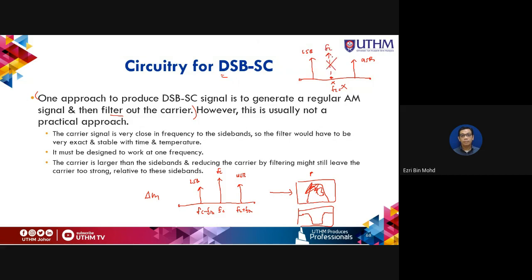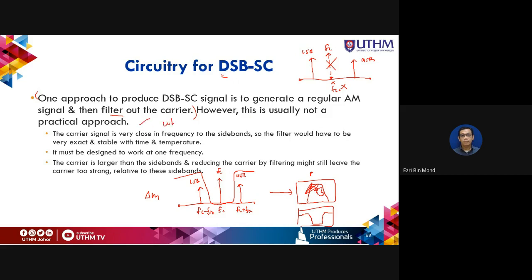So we use a band stop filter with this specification, where we only allow the lower sideband and upper sideband to pass through and eliminate or suppress the carrier element. This is the theoretical procedure that we can do. However, this is usually not a practical approach.